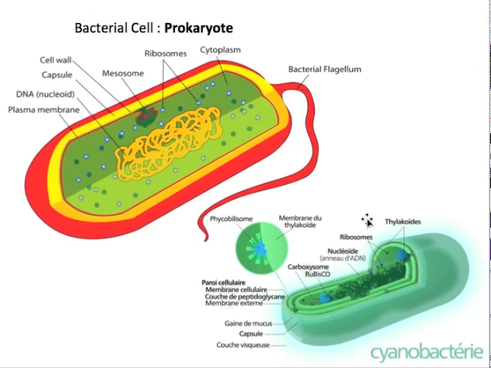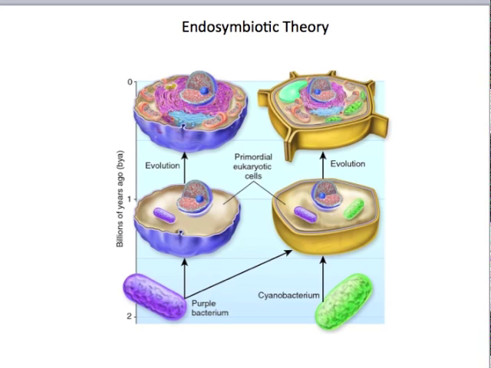And there were photosynthetic bacteria that could make their own food. The endosymbiotic theory, endo meaning inside or within, sym meaning together, and biotic meaning living, describes the idea that billions of years ago, these two types of prokaryotes were engulfed by larger cells that had a nucleus.